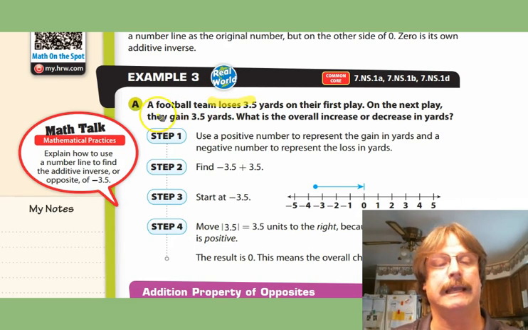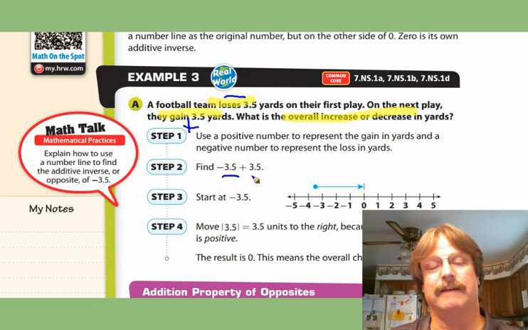On the next play, they gain 3.5 yards. What's the overall increase or decrease? So we go ahead and we write that. Loses is our negative. A gain is a positive. So negative 3.5 plus 3.5. And you start here, and then you go here, and we're at 0.